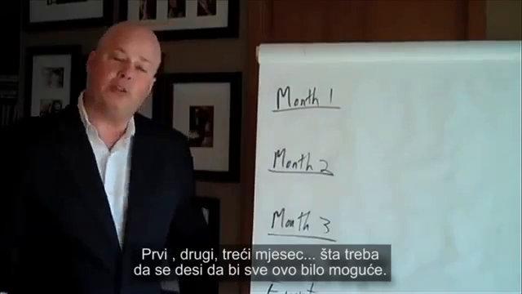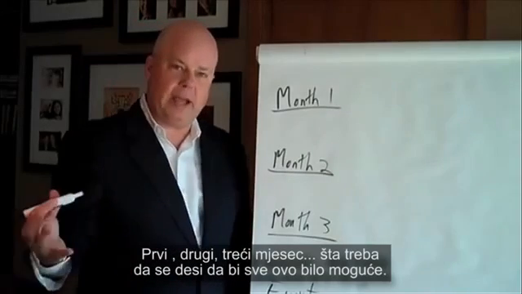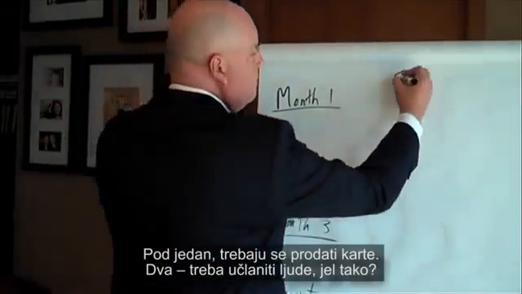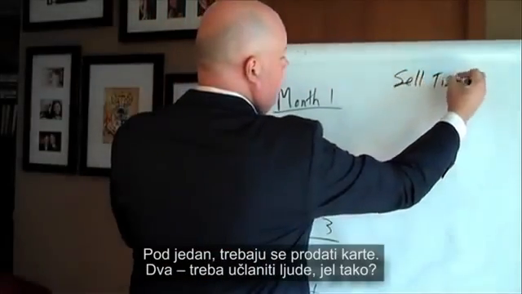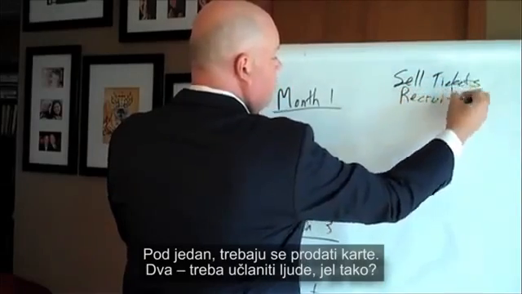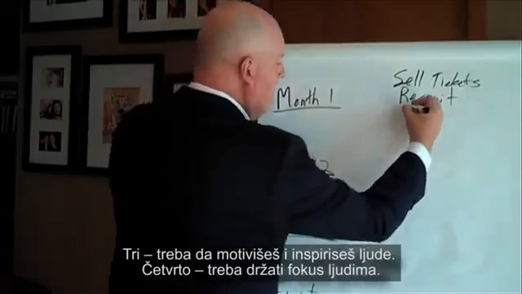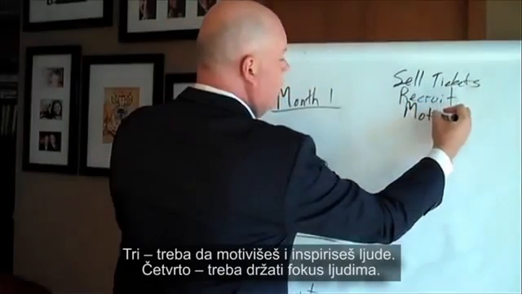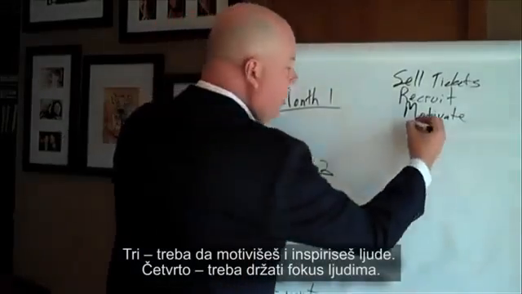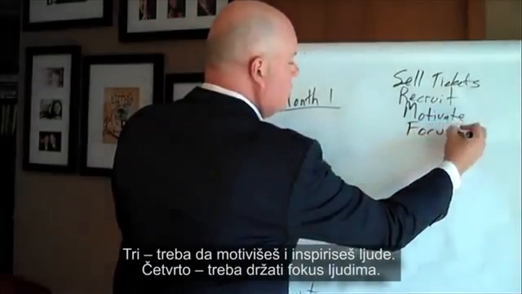Okay, month 1, month 2, month 3. What needs to happen in order to make all this possible? One, you've got to sell tickets. Two, you need to recruit. Three, you need to motivate and inspire. Four, you've got to keep people focused.